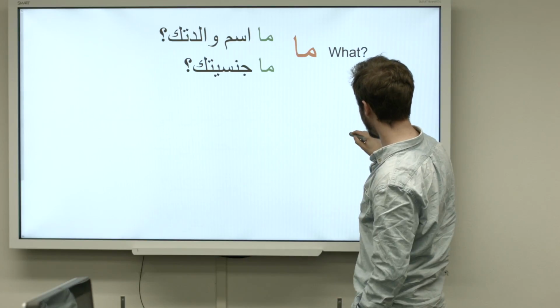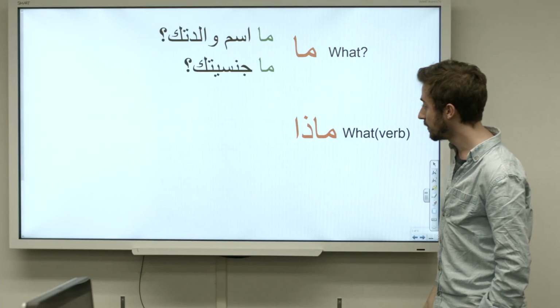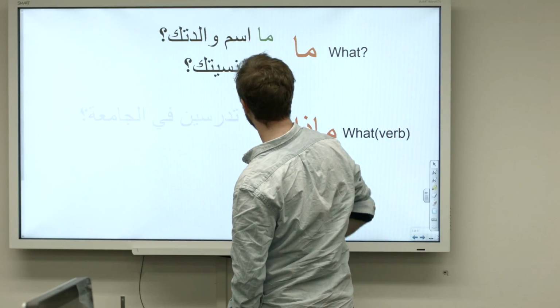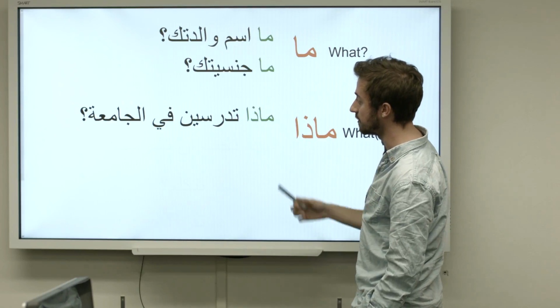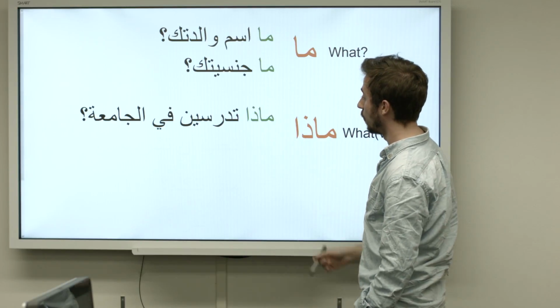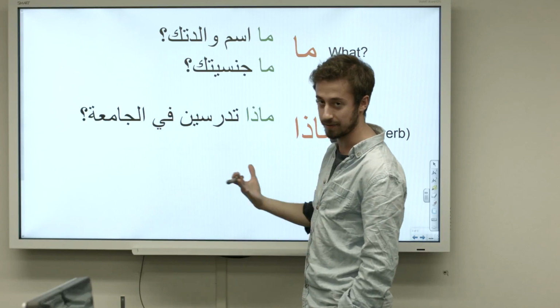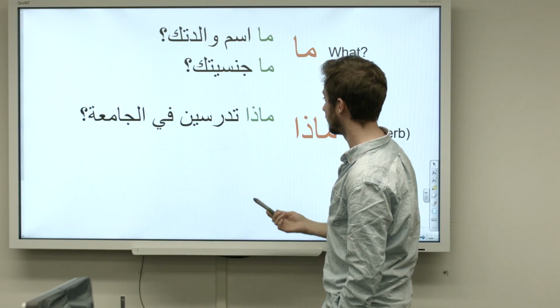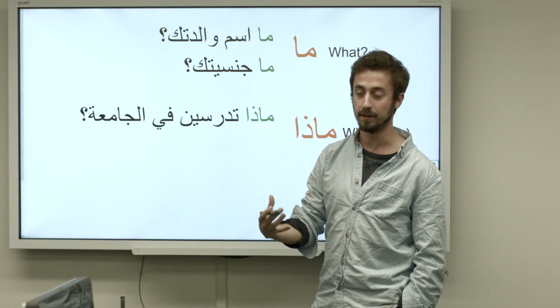And then if we look at mada, which is what, but for sentences with verbs, we see that you'd say, instead of ma, you'd say, ماذا تدرسين في الجامعة? So, what do you study in the university, or just at university, right? And we see here that it's تدرسين, so it's asking, it's like second person female.